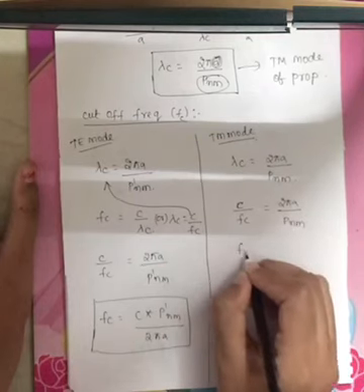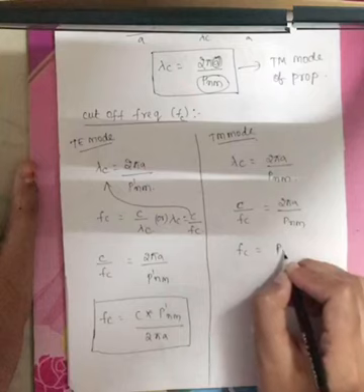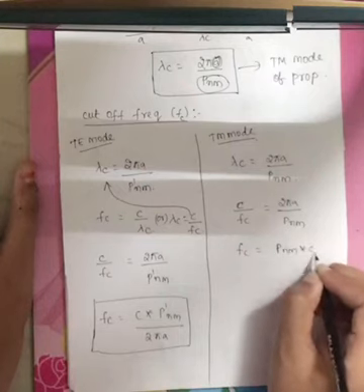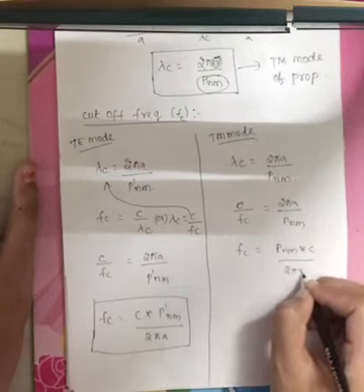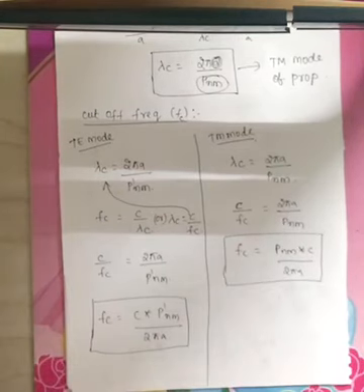From this expression, fc is pnm into c divided by 2 pi a. These are the expressions for cutoff wavelength and cutoff frequency. You can remember any of them. If you remember lambda c for TE or TM mode of propagation, you can calculate fc, because lambda c is nothing but c by fc.